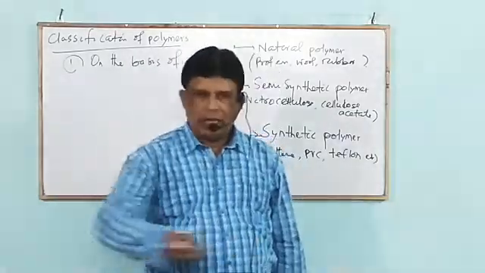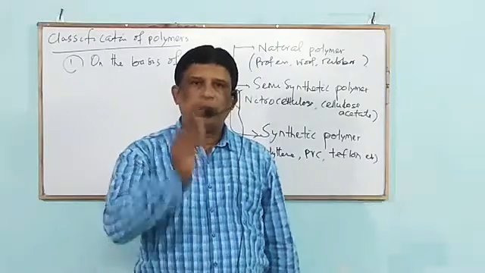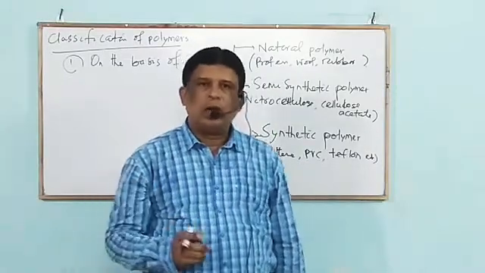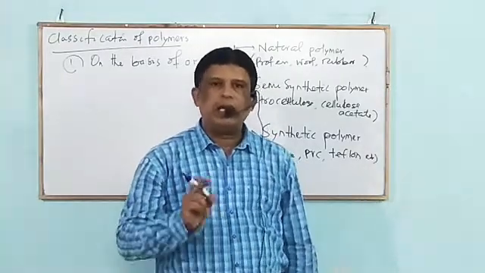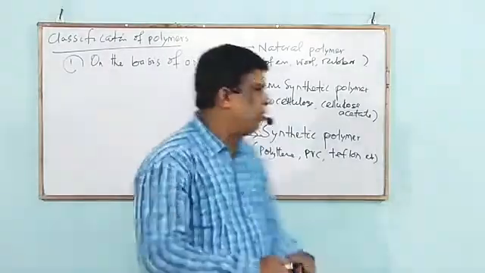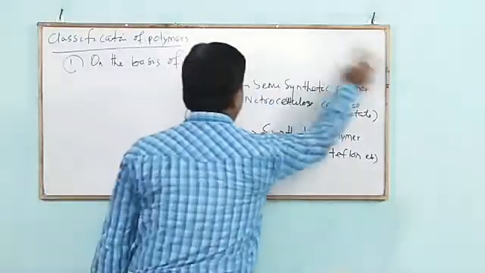One is straight chain polymer, one is branched chain polymer, and one is three-dimensional network cross-linked polymer. Mark that. We discuss one by one.